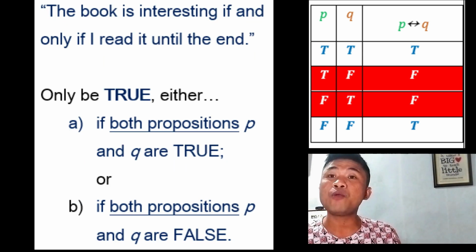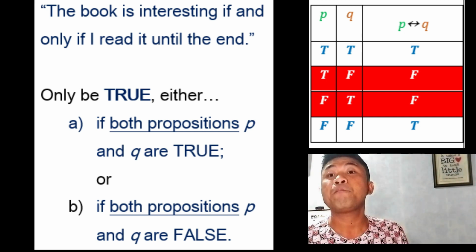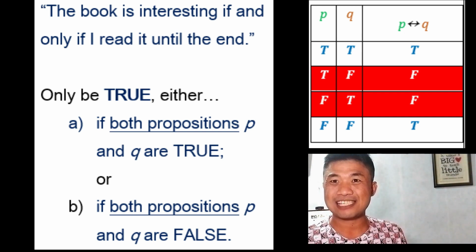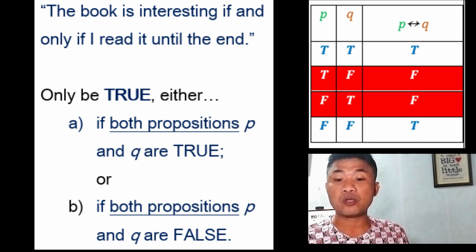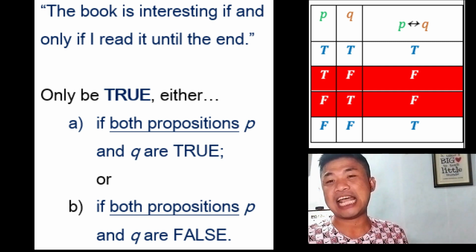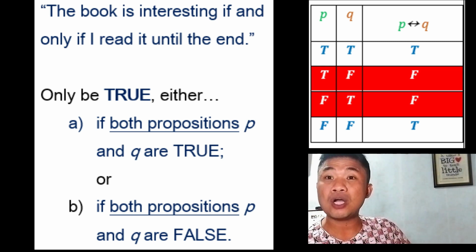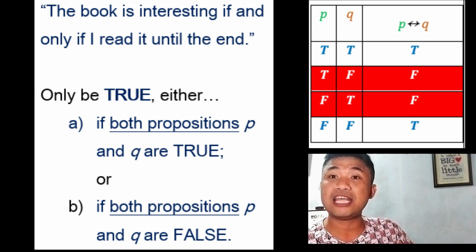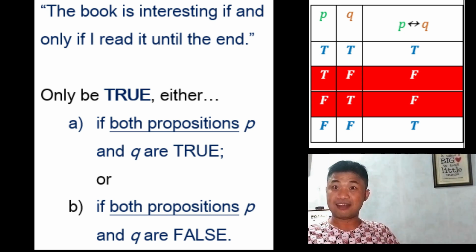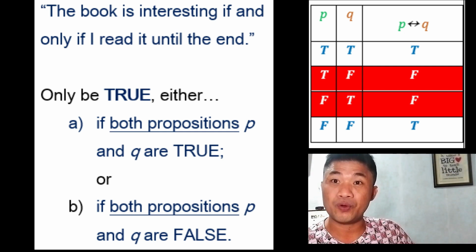This compound proposition is false if one of the propositions P or Q is false. It is true if both propositions P and Q are true, or both are false. So it is true only if both propositions have the same truth value.